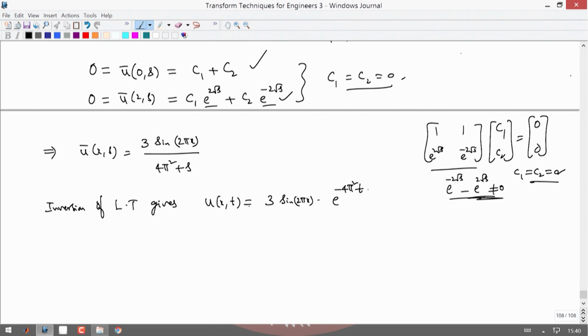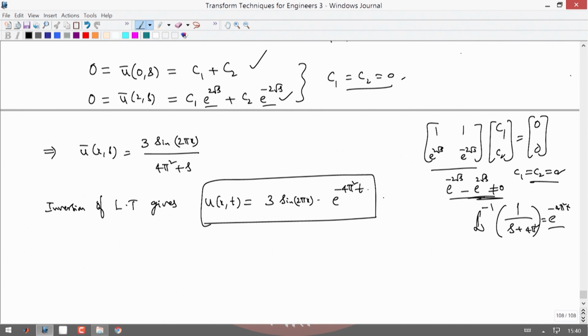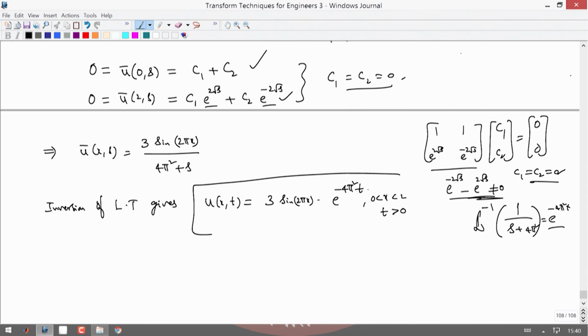So, the Laplace inversion of 1 by s plus 4 pi square is actually e power minus 4 pi square t. So, this is the solution that you are looking for, for x between 0 and 2, for all times.